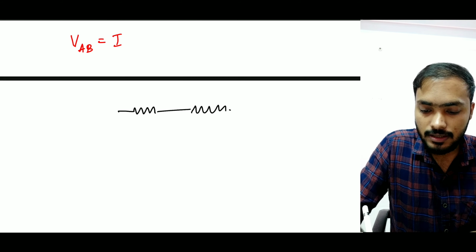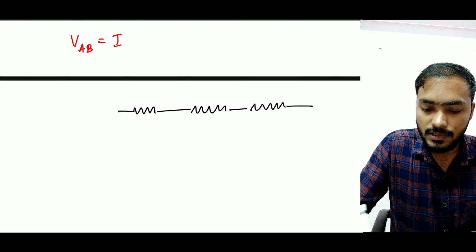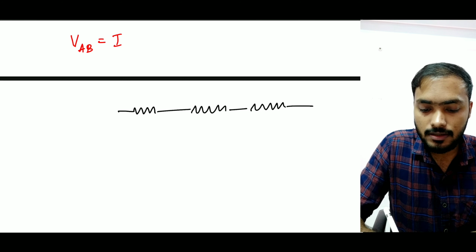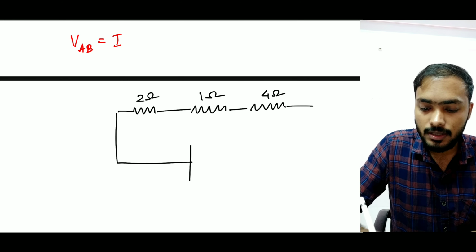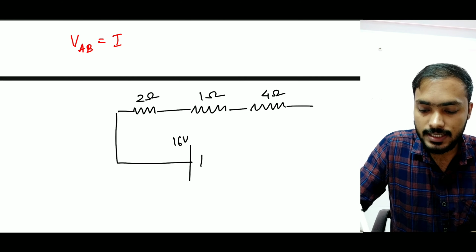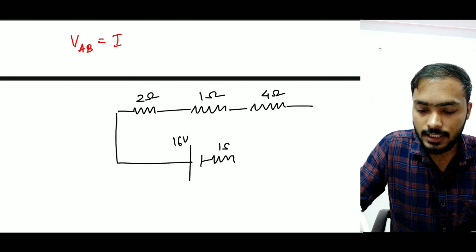I have 3 resistors. This one is of 2 ohm, this one is of 1 ohm, and this one is of 4 ohm, and this is connected with a battery of 16 volt as EMF and 1 ohm as internal resistance, right?